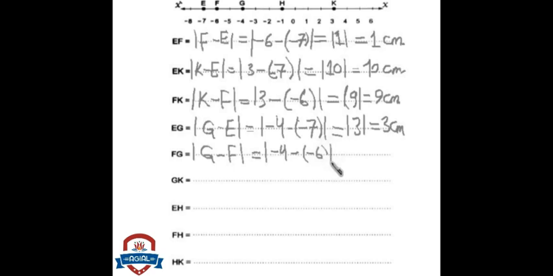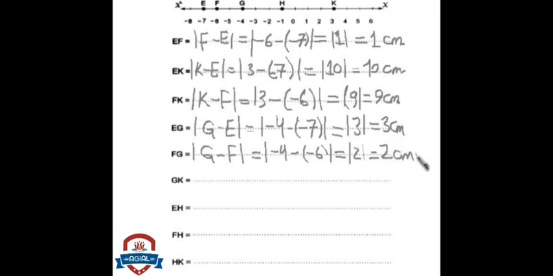So the absolute value of -4 minus -6 equals the absolute value of -4 plus 6 equals the absolute value of 2. Is it right? Of course it is right. The absolute value of 2 equals 2.